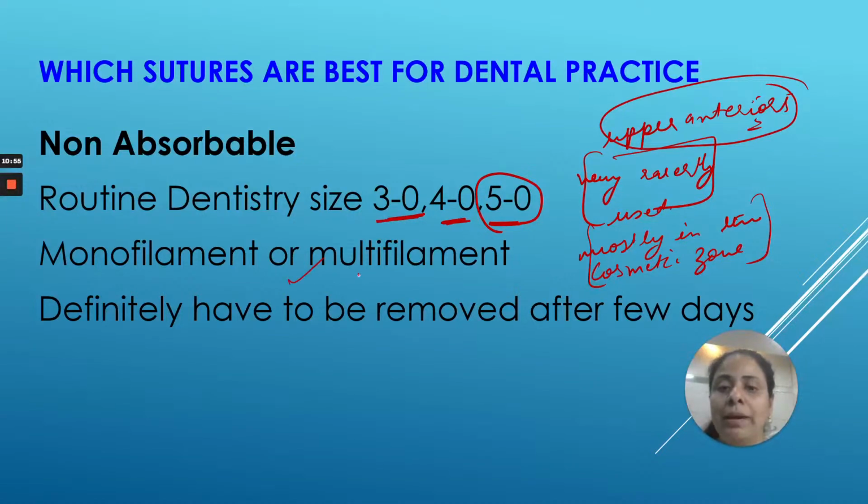They can be monofilament or multifilament. They have to be removed. You cannot leave them, right? So 30 and 40 is what I use most commonly. 40 is my preference all the time.